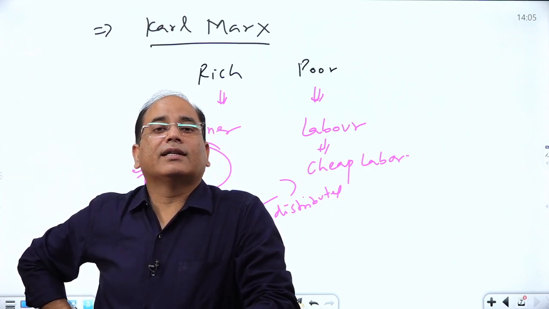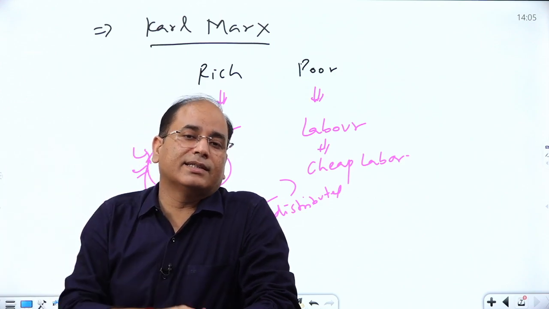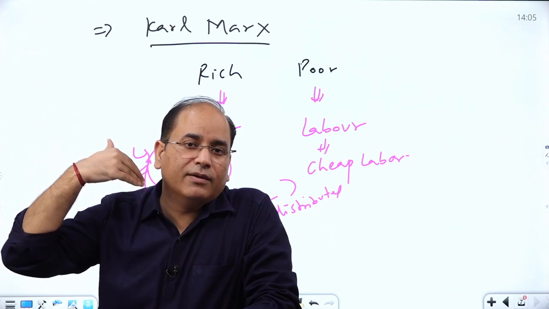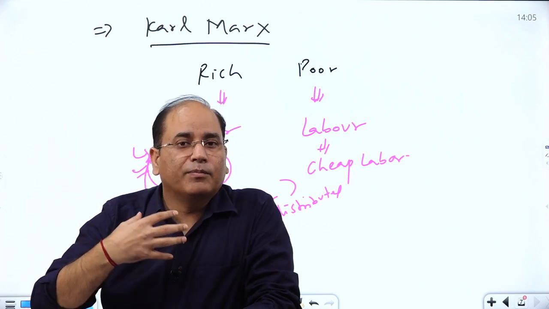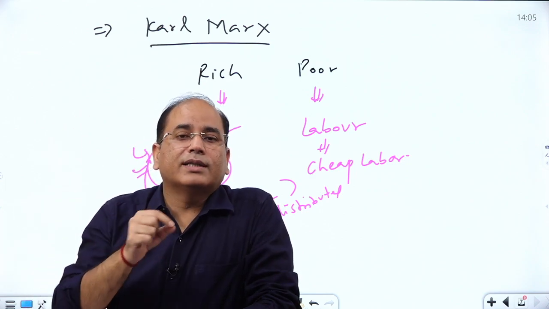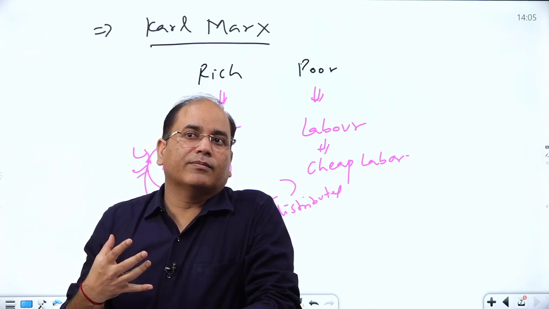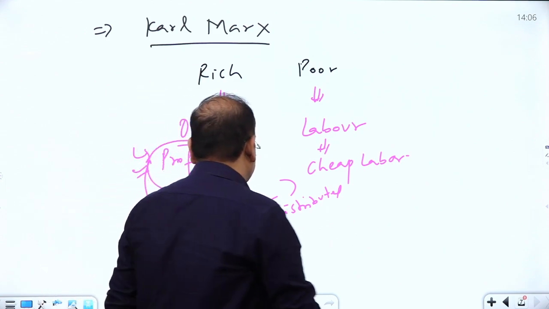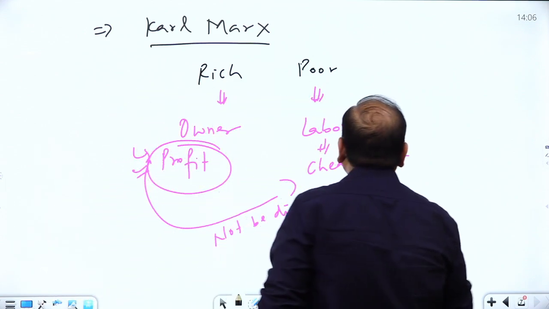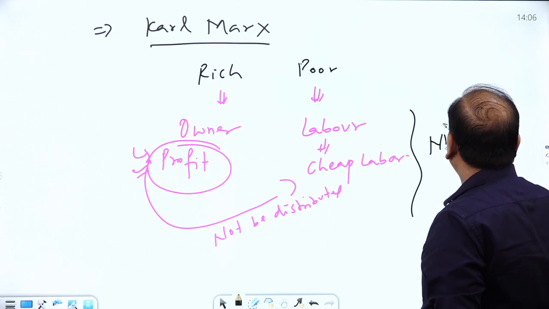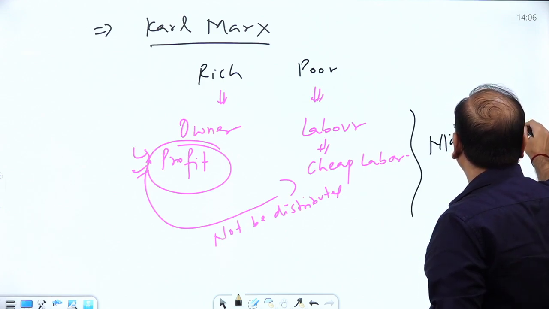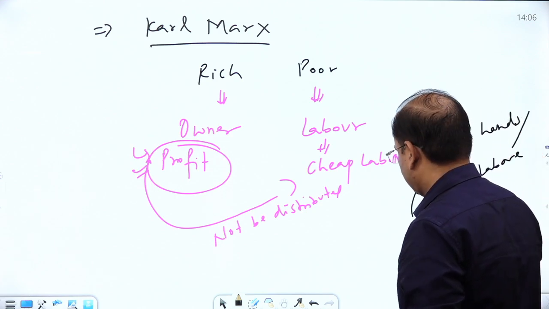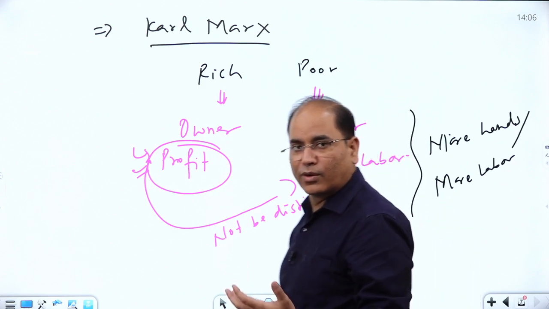Rather, what he is saying is that the industrialists will invest within the industry. अब अगर जो प्रॉफिट आ रहा है वो प्रॉफिट आपकी वेज रेट में नहीं कन्वर्ट हो रहा है, laborers are not getting paid, so what this laborer will do, because laborers' requirement is there, they need to manage the family, so what they will do is they will simply go for more hands or more number. So more hands or more number.